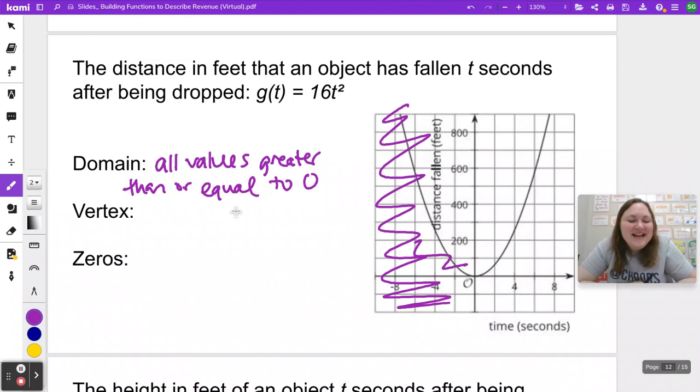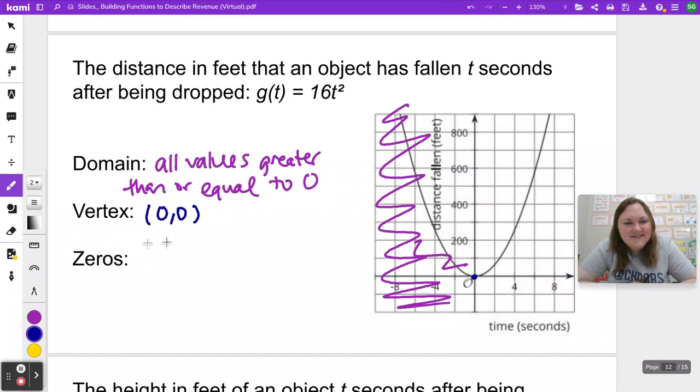The second question asked about the vertex. We said a vertex is the highest or lowest point on our graph, on our parabola. Here it's going to be the lowest point. It's this point here in the middle of the parabola, and our vertex just so happens to be at 0, 0. The other thing we said we wanted to talk about is what the vertex represents in this situation. What does that point 0, 0 tell you?